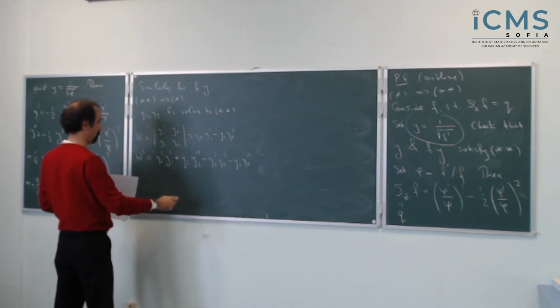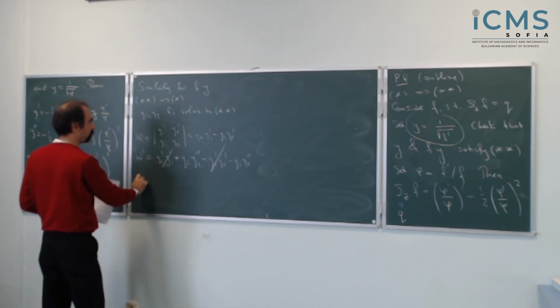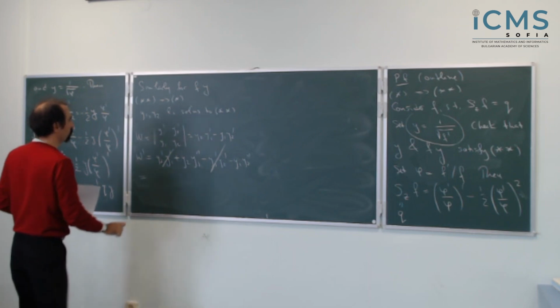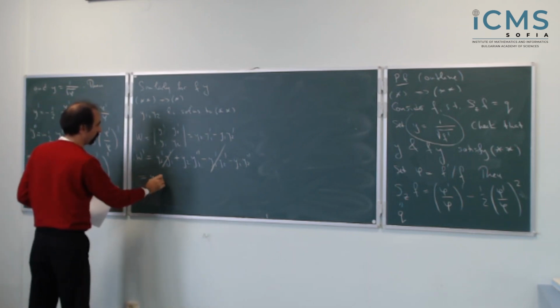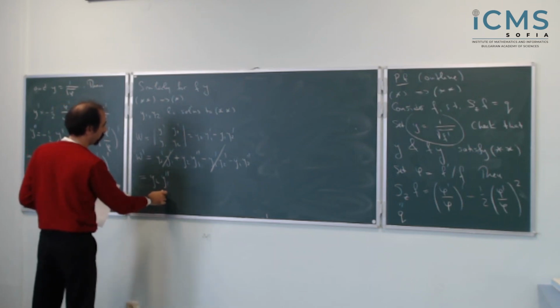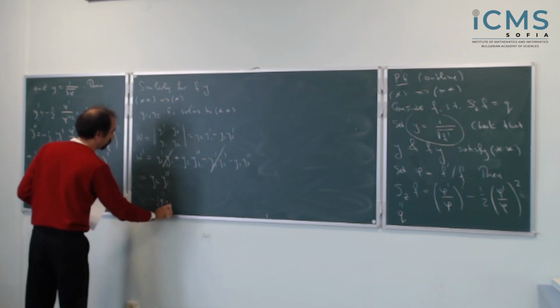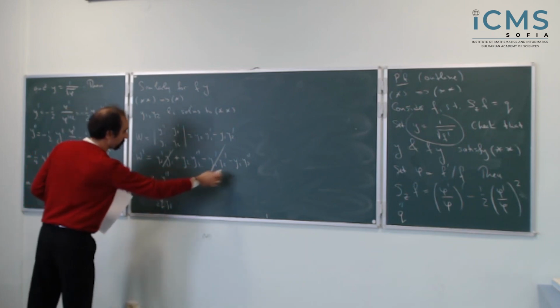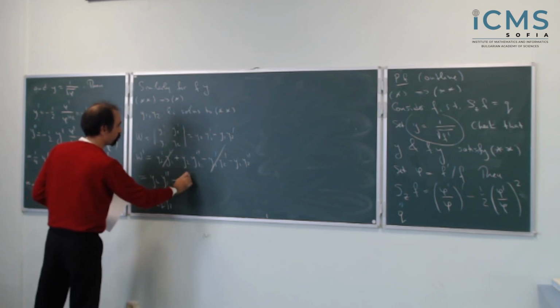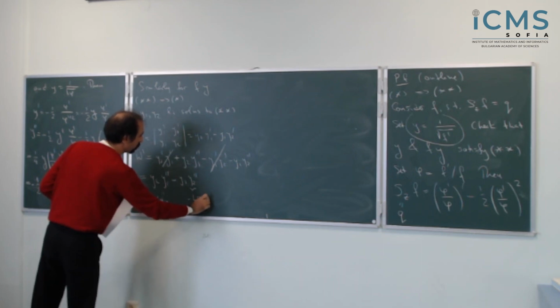Right, so these two cancel, and since both of these satisfy the equation, this is minus half q times y1 y2, and the other term is minus y1 times minus half q y2.